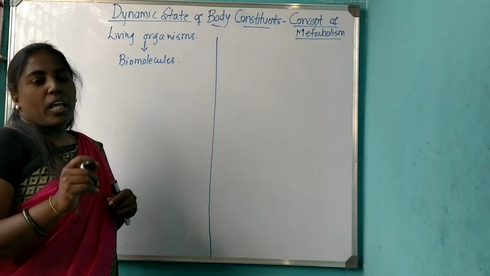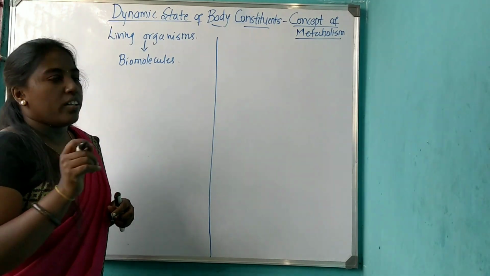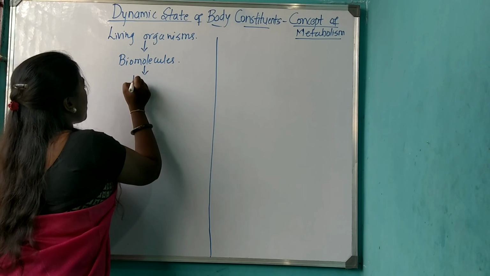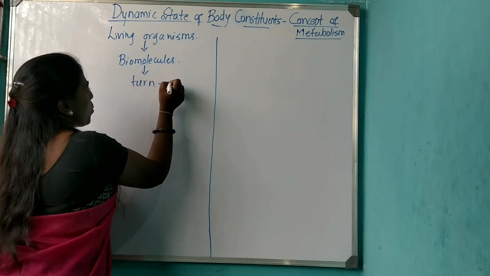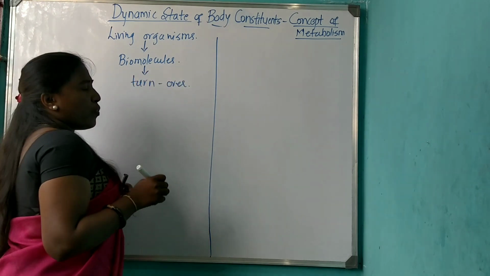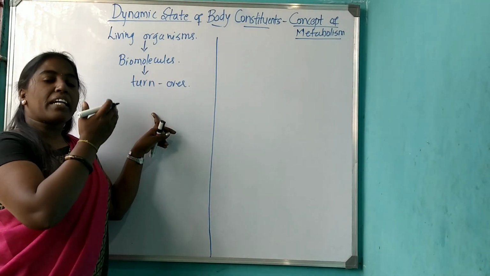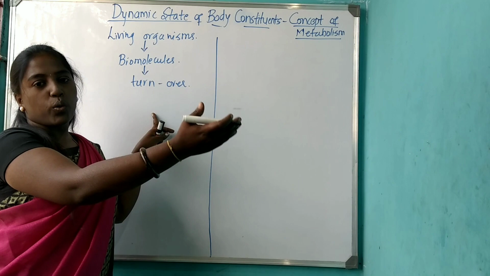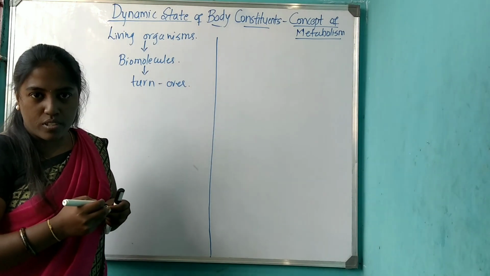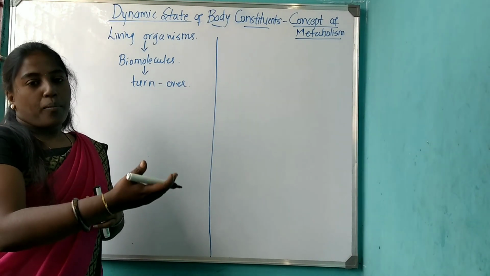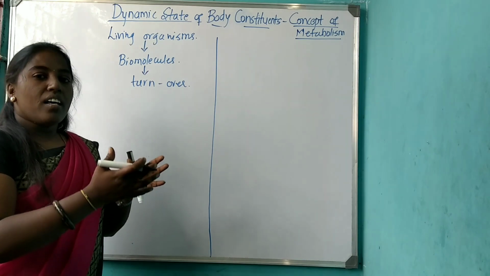Each biomolecule has its turnover. So what is the meaning of turnover? The biomolecules are being constantly changed into some other biomolecules, and they are made in the cells also.